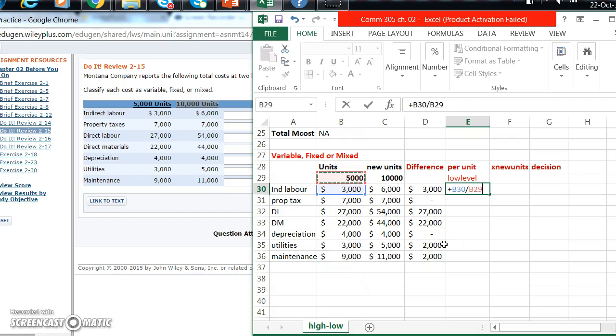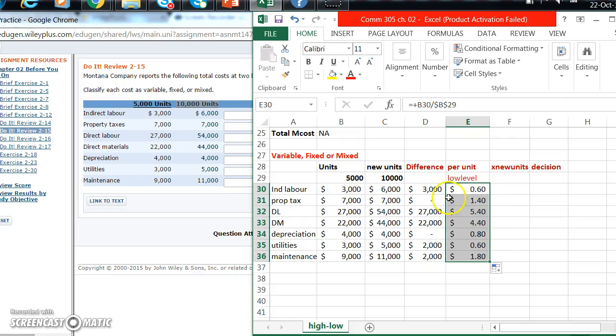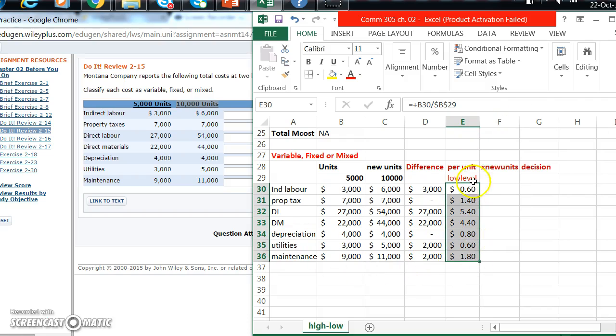So we use F4, we press F4, and you can see that we fixed this number, the 5,000 units. So we press enter. Then we scroll down to get the values for all the activities, all the cost per unit for each of the activities at the low level of production.